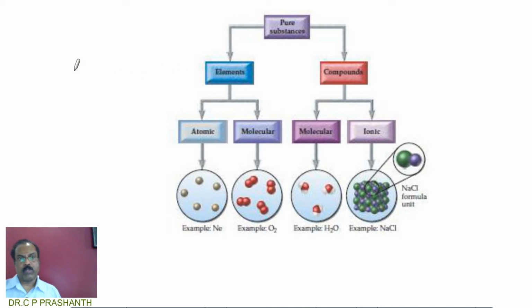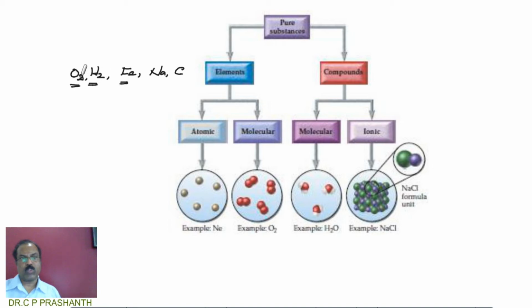We have seen that oxygen is an element, hydrogen is an element, iron is an element, sodium is an element, carbon is an element. All these are elements because they're all made up of same kind of atoms.